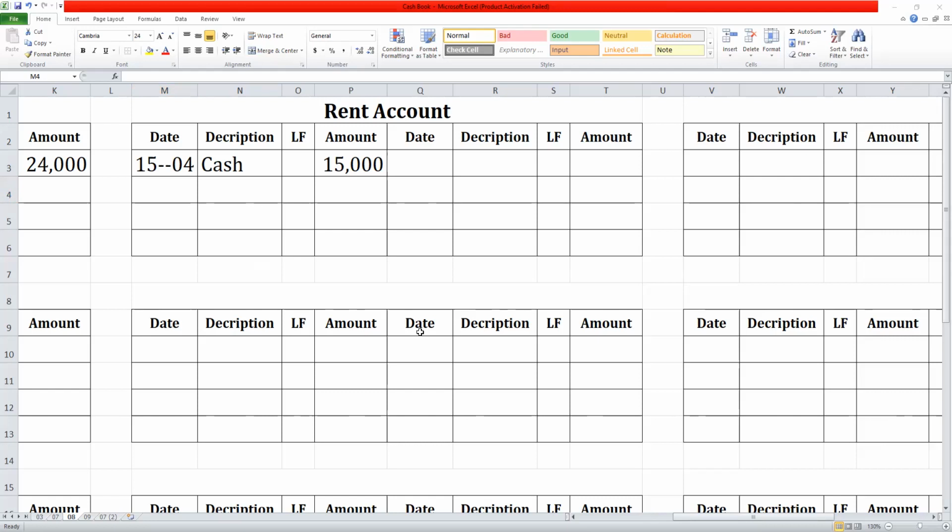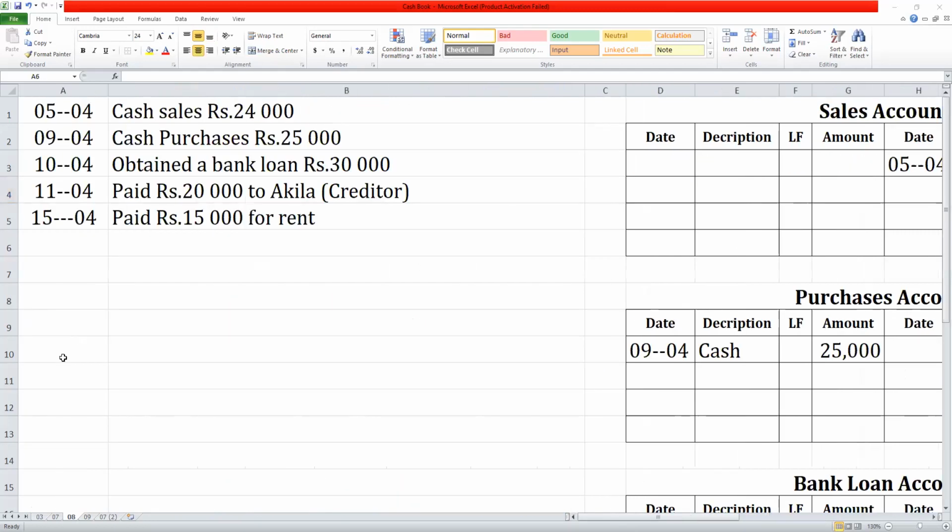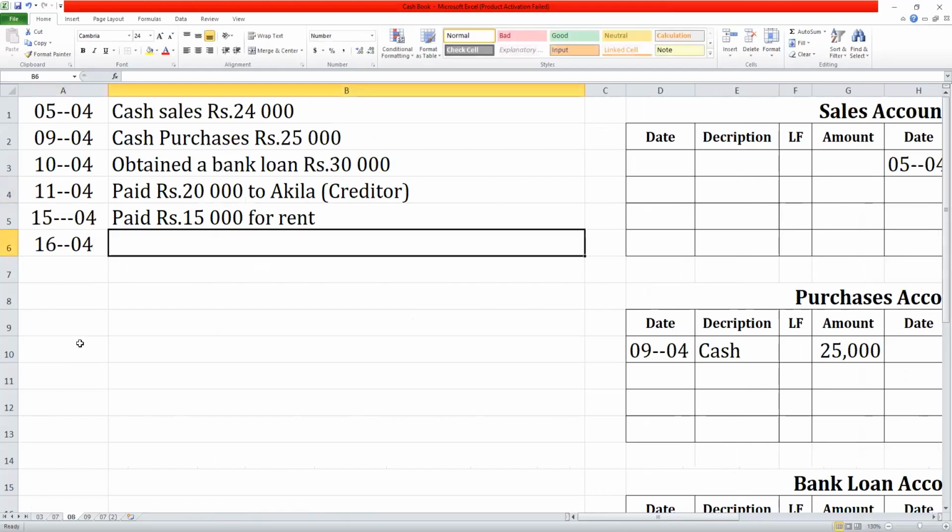It's a receipt. First thing is it's a receipt. Why? It is on the debit side of the cash book. 16th April. Who can describe the transaction? Duniti asked a nice question.